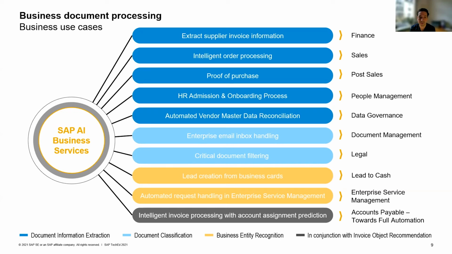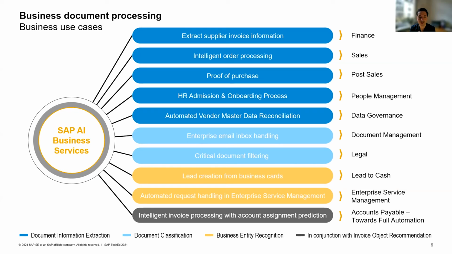You could, for example, use this service to automate vendor master data reconciliation. So, for example, you want to compare whether the data that you have in your master data governance system corresponds with the data that is on the invoice, because, for example, the address of the company might have changed.